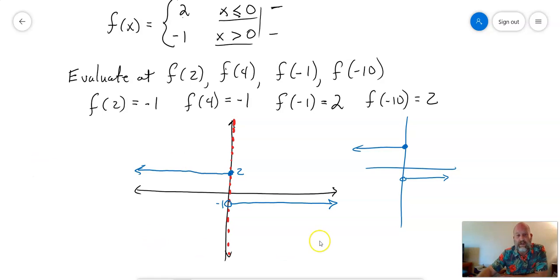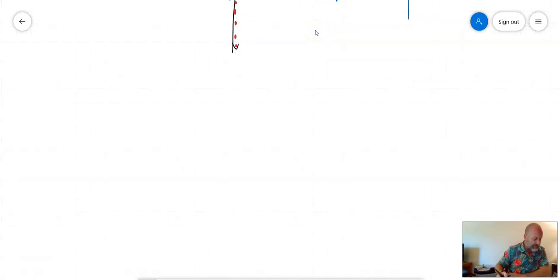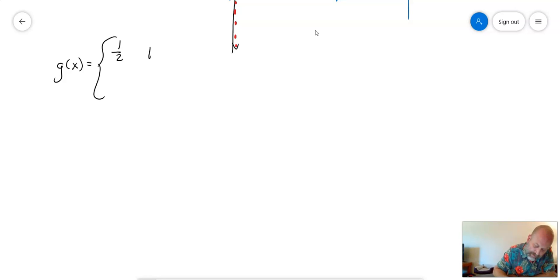Okay, so let's go ahead and look at the next example here. Let's say that the piecewise function I'm given this time is g of x is equal to 1/2 when x is between 1 and 5, inclusive, and it's equal to 0 otherwise.